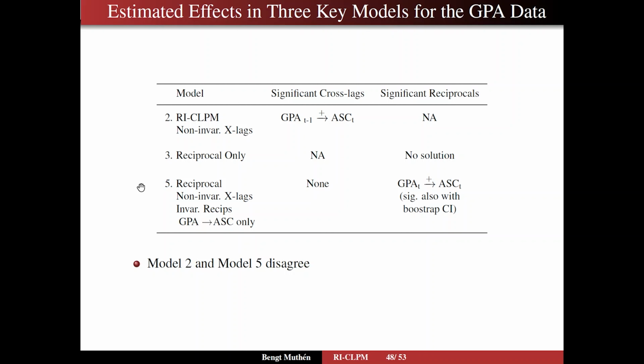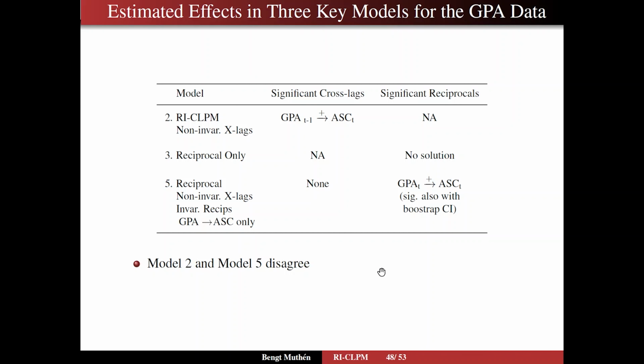For model type C, the reciprocal model, we had two different versions with non-invariant cross-lags or with partial invariant cross-lags. The results are the same with respect to what I'm reporting here. And we had full time invariance of the reciprocals with only a single lag 0 effect because the other one was 0. In that model, we find no significant cross-lagged effects and only a significant contemporaneous lag 0 effect from GPA to academic self-concept.